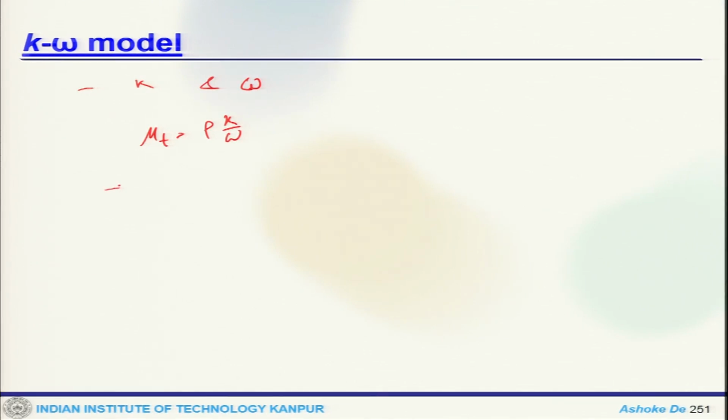Its behavior is similar to the standard K epsilon model, but it has some drawback, that the mu t assumption is isotropic, which is a huge drawback of this particular model for application in large scale problems.